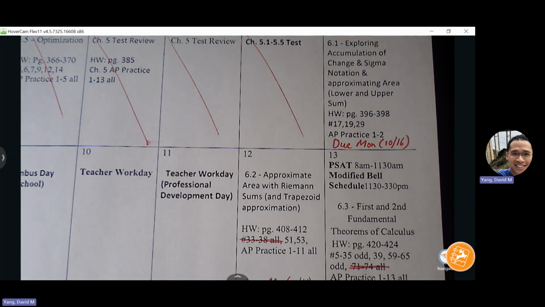Okay, if you guys can turn to page 7 in your packet. Does everyone have the new unit packet, Unit 6?